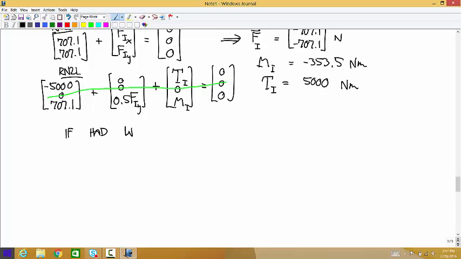If we had worked from right to left, we would have gotten equal and opposite values. Can anyone give a one-law explanation for why that is? Yeah, right. Newton's third law is the reason. Because instead of calculating the loads applied to the left by the right, we'd be calculating the loads applied to the right by the left. And it has to be equal and opposite.